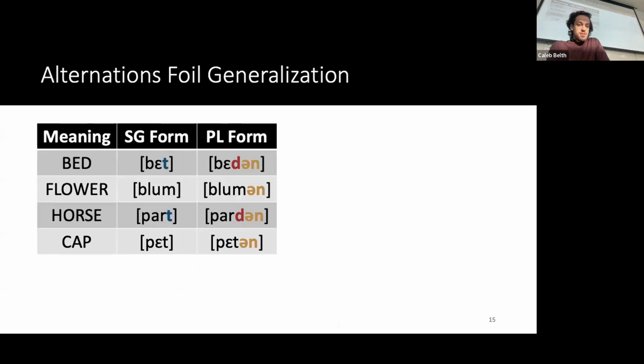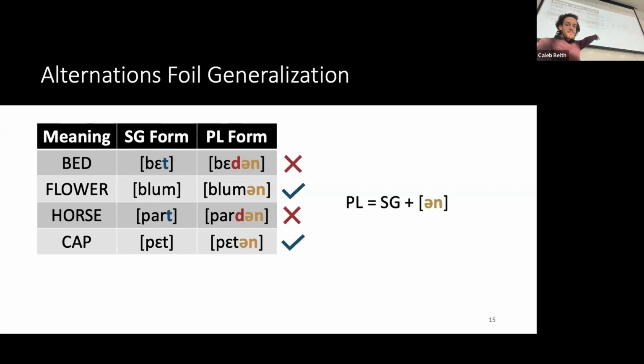Okay. So the one last relevant point is that while generalization is important to children because of sparsity, alternations have the potential to foil generalization. And I've got some more Turkish nouns here again to illustrate. Given our initial hypothesis earlier that plurals are formed by adding schwa n, we could just form a generalization: plural equals the singular plus schwa n.